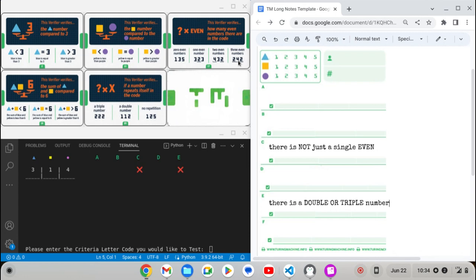Well, maybe. Those sorts of logical leaps of faith I am just not comfortable with. So we'll just leave it at there could be a double or a triple number. Okay, wow. So far, my two selections have not really yielded any exclusions up above.